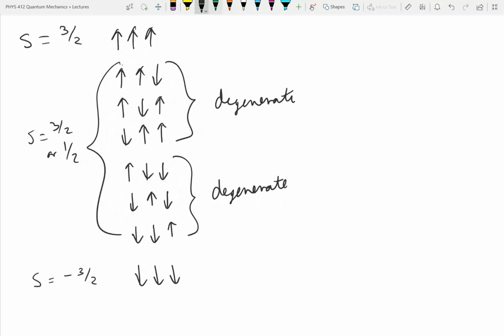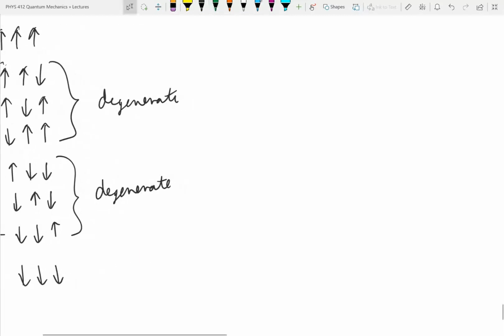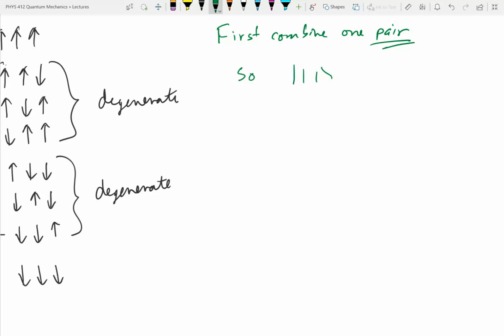I'm going to do half the problem. So you have those four states that you get. And we can use the Clebsch-Gordan table, or we already know exactly what those states are.